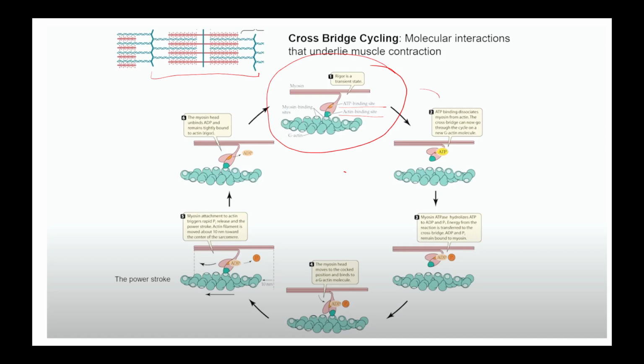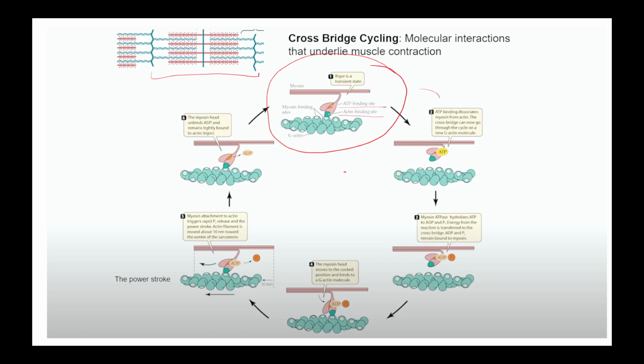Then there is a phenomenon referred to as the power stroke. In the power stroke, myosin attachment to actin triggers a rapid inorganic phosphate release. So after the hydrolysis, the myosin binds back to the actin, this causes a power stroke and releases the inorganic phosphate.